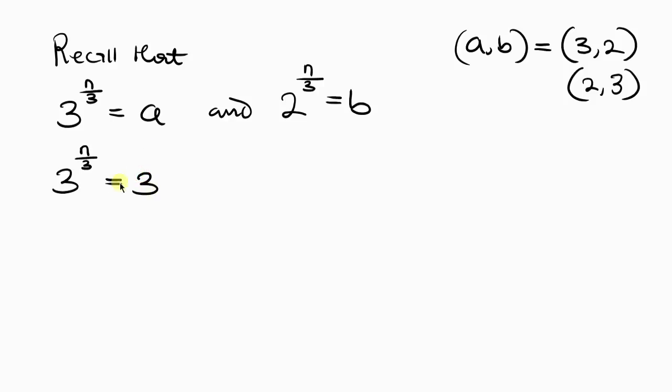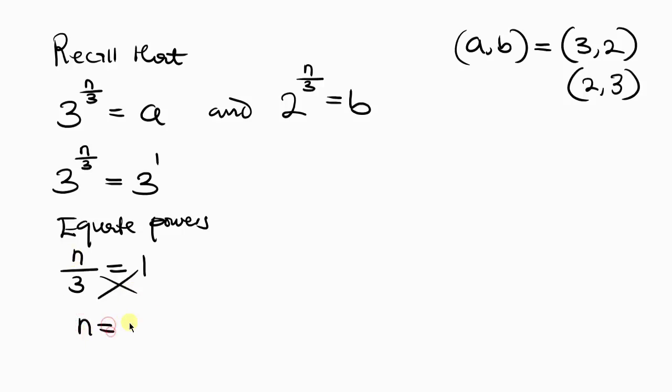Now, notice that 3 to the 1 will also result to 3. Since the bases are the same, what I'm going to do is equate powers. When I equate powers, I have n over 3 on the left equal to the power on the right, 1. And when I cross multiply, you see that n will be equal to 3 as a result.